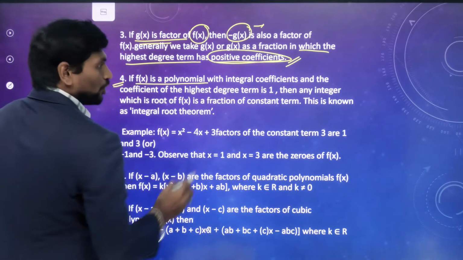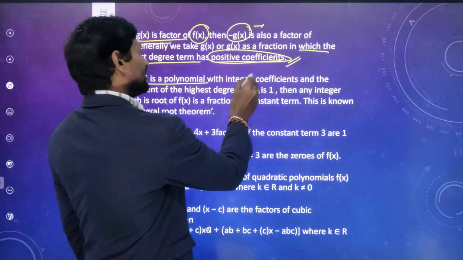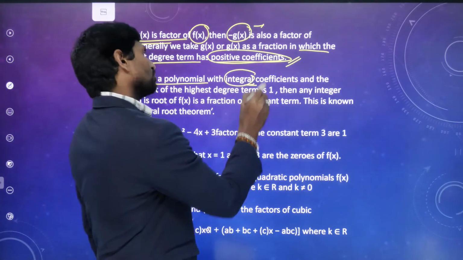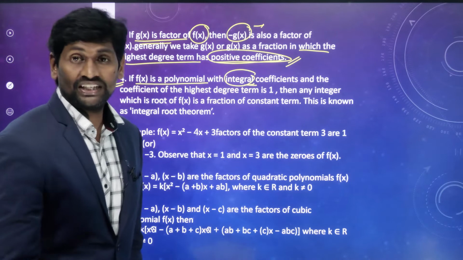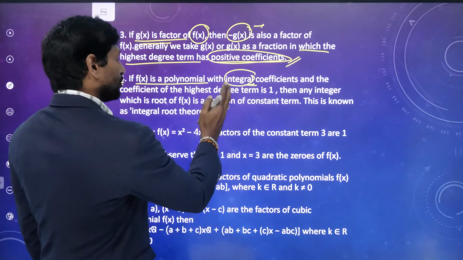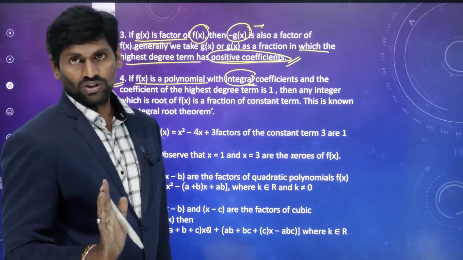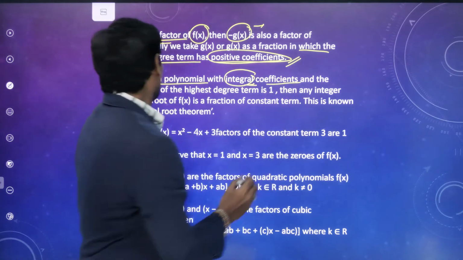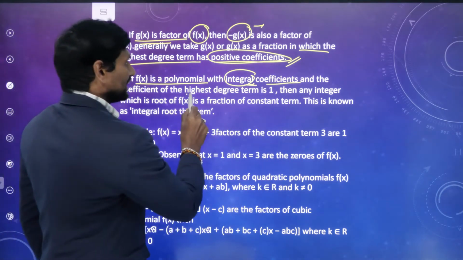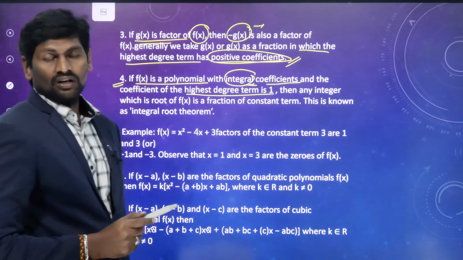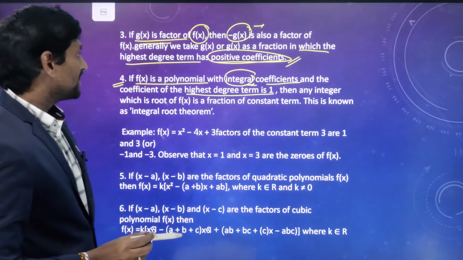Okay. Next, f of x is a polynomial with integral coefficients. Integrals are nothing but integers. That means they can be positive numbers, negative numbers, or 0 also. And the coefficient of the highest degree term is 1.